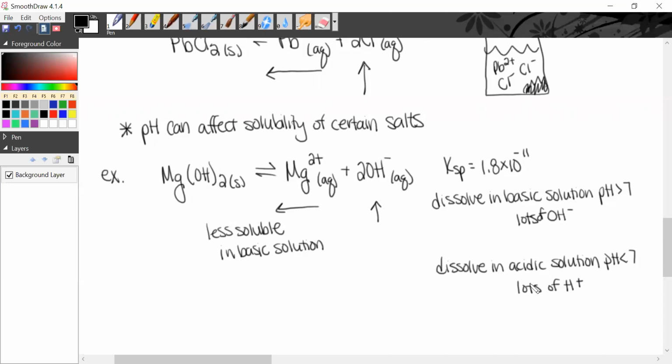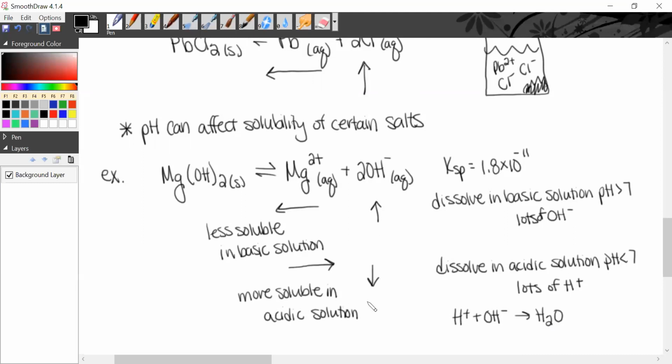Well, H+ loves OH-. H+ grabs onto OH- to make water, H2O. So I'm going to be removing these OH- from solution because they're reacting with the H+ in my acid to make water. And that's going to shift the equilibrium to the right. It becomes more soluble in acidic solution.